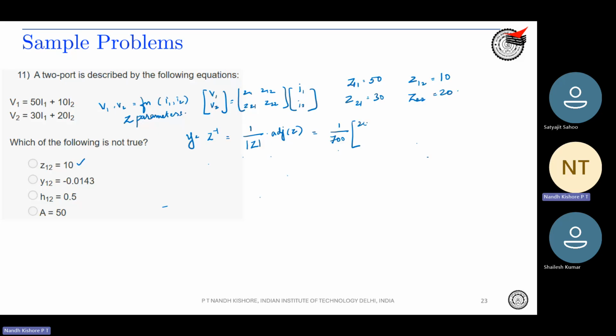Adjoint of Z means the diagonal elements will exchange and these two will get a negative sign. So Y12 is basically minus 10 by 700, or minus 1 by 70. You get minus 0.0143. So this is also correct.